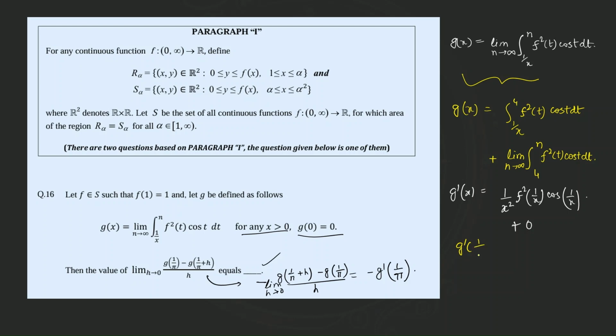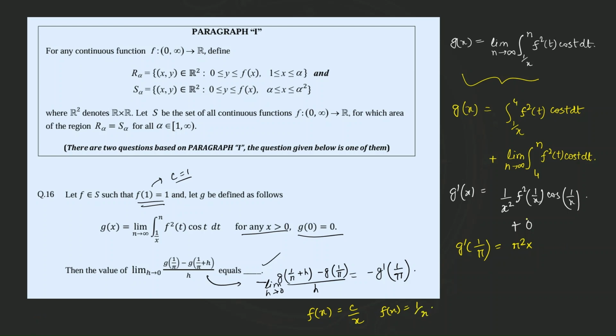Now if we try to find g dash of 1 by pi, we can simply put 1 by pi here. So it will be pi square times f square of 1 by x, that means f of 1 by x whole square. So f of x we already calculated, it is equal to c by x. Note that this c is changed here, because we are given f of 1 equal to 1, that means c is equal to 1. So f of x is simply 1 by x.